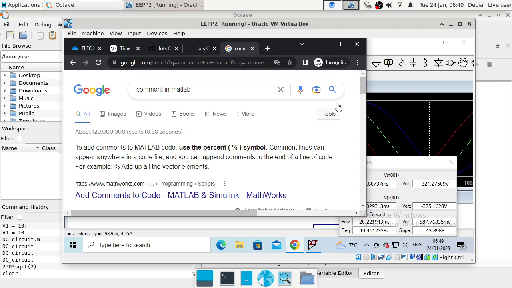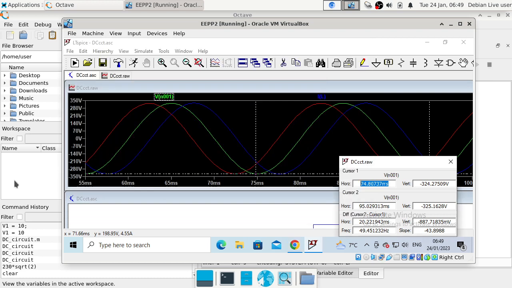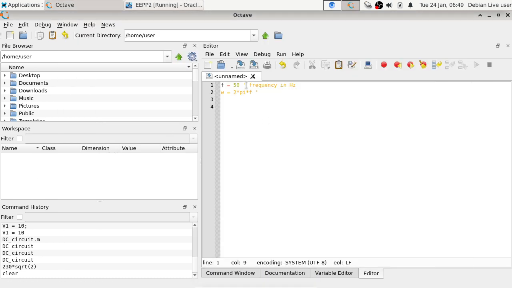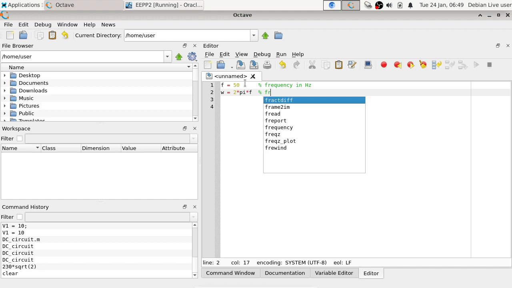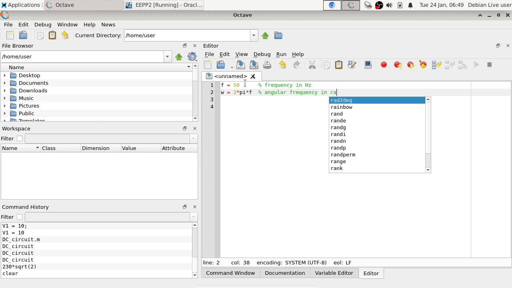Percent. Okay, so the percent symbol is for a comment. So this one is angular frequency, and that is in units of radians per second. I'll just write that in full there.